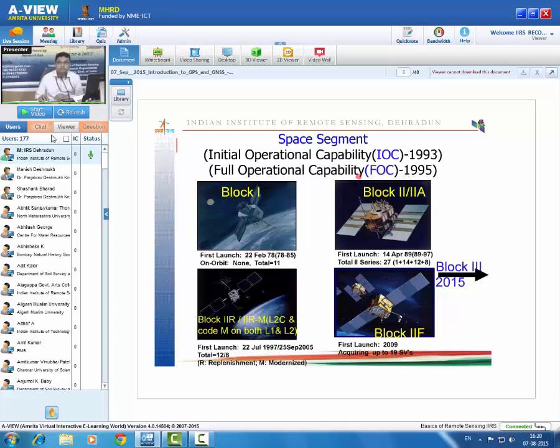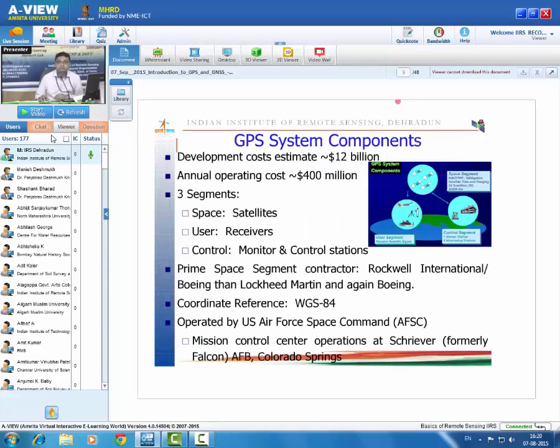Once the full GPS is operational, Transit is no more required. So Transit stopped functioning from December 1996, and we switched to GPS.